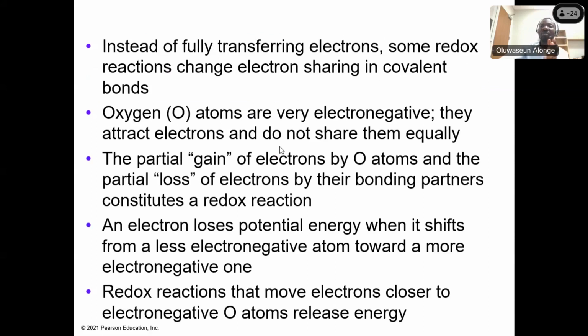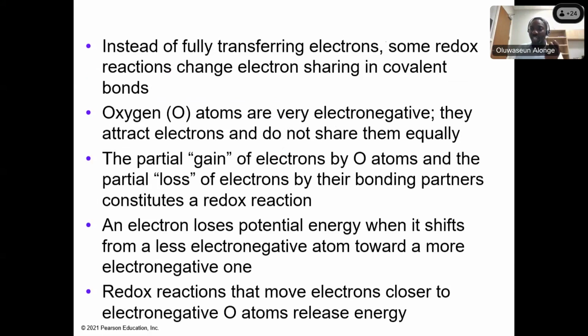Now, instead of fully transferring electrons, some redox reactions will change electron sharing in covalent bonds. I'll talk about that more as we go. Now, the oxygen atom is very electronegative. We've learned that already. Oxygens are electronegative, and that's why we say they have high electron affinity.